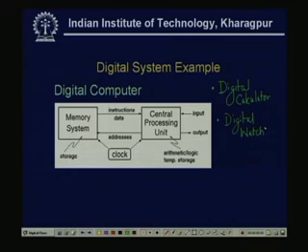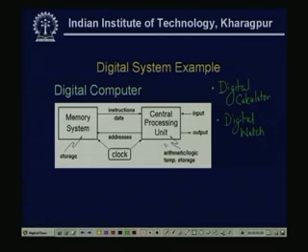So, in this class we will first learn how I can represent numerical data or non-numerical data, means instructions, digitally.